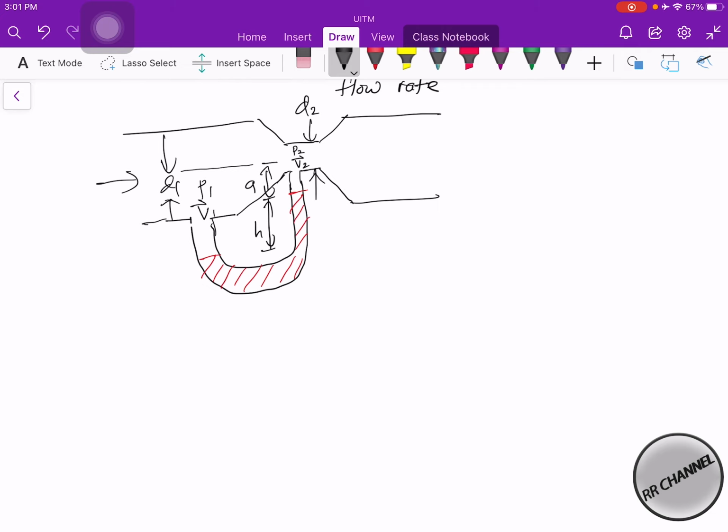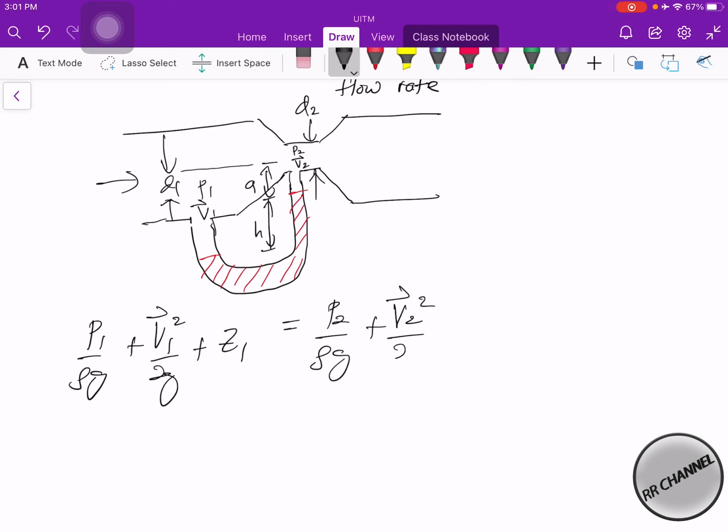At first, we write the Bernoulli equation: P1 over rho g plus V1 square over 2g plus Z1 equals P2 over rho g plus V2 square over 2g plus Z2.